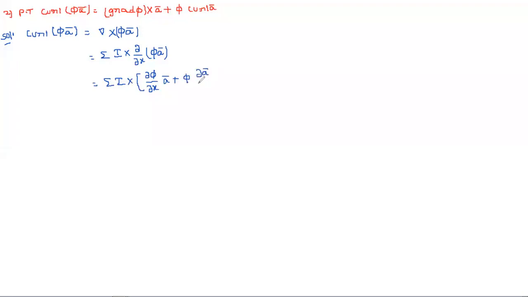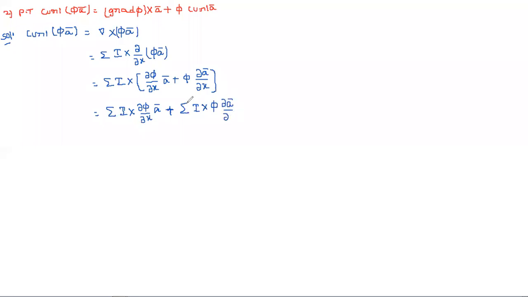So this equals summation i cross dou phi by dou x into a bar plus summation i cross phi into dou a bar by dou x.